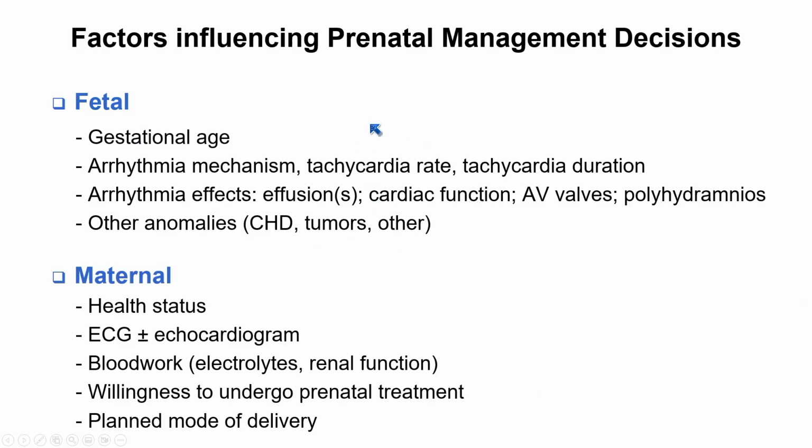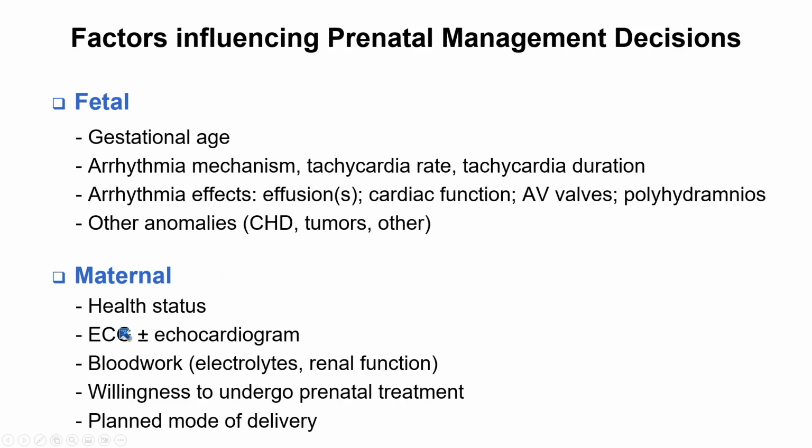But there are a number of factors that influence the decision to treat. One of them is gestational age. A young fetus is more likely not to tolerate this than a late gestational fetus. Then the arrhythmia mechanism, I told you already, AVRT is far more likely to develop hydrops compared to an AT. Then if there's effusion, cardiac dysfunction, or the baby has developed polyhydramnios, that all plays a role.